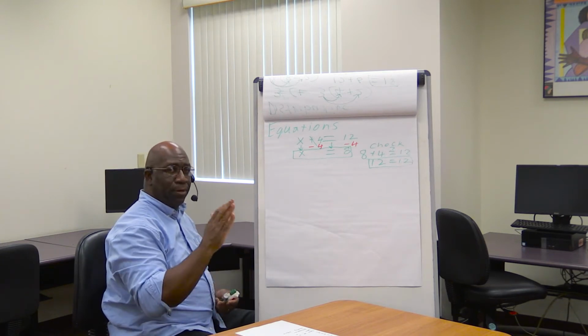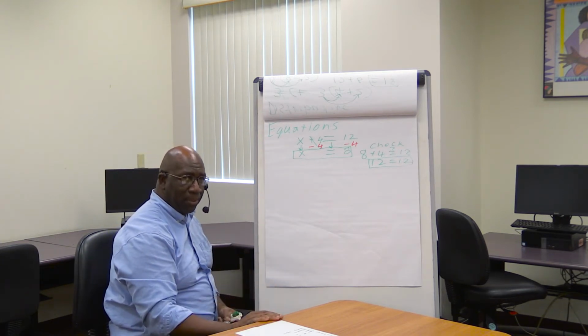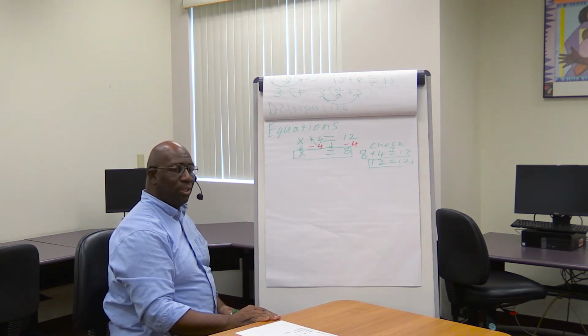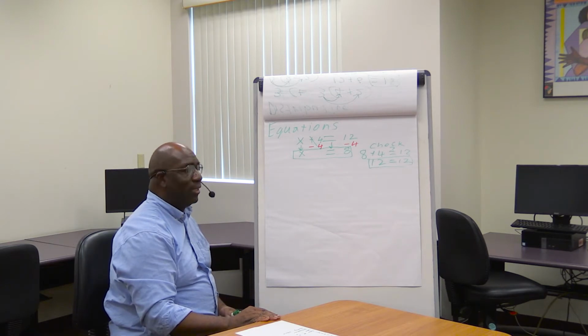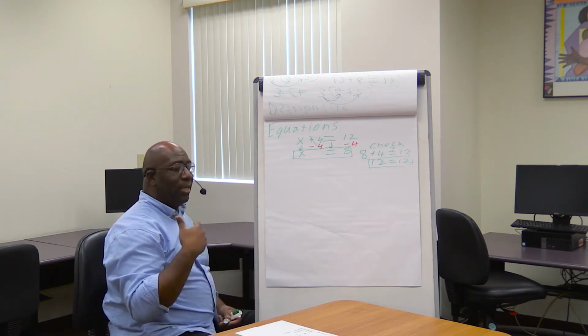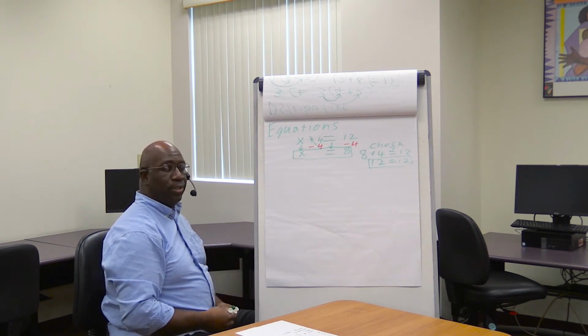Now, this was a very basic and simple equation. And I know the temptation is to say, oh, so equations are really simple. Not necessarily. They begin to get more complex as time wears on.